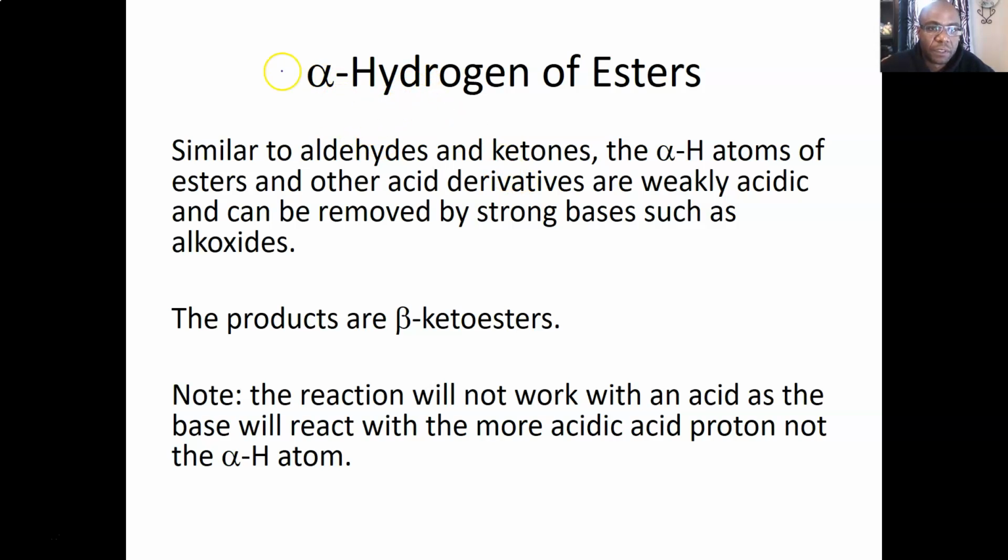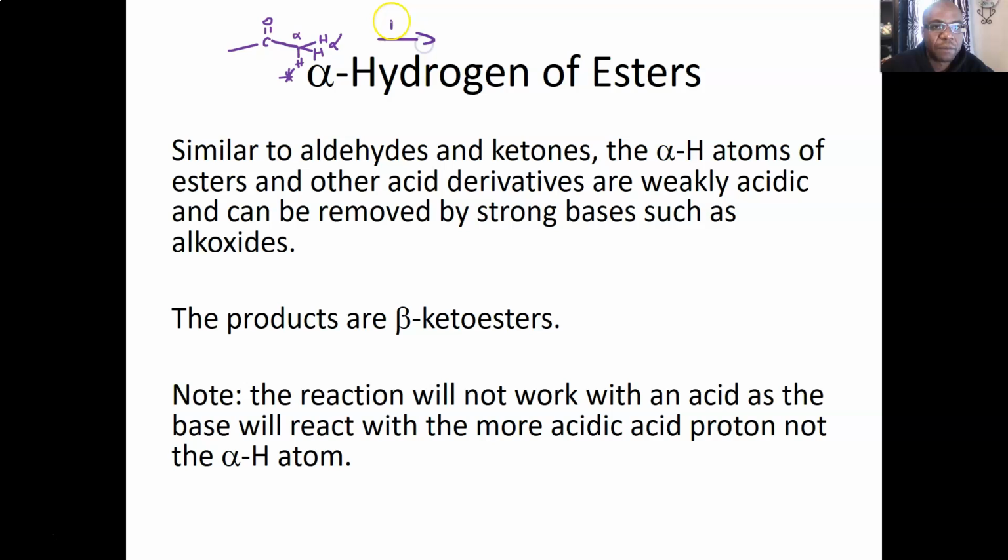Okay, so switching gears, alpha hydrogens of esters. Now, to remind you what alpha hydrogens are, in ketones we said any carbon bound to the carbonyl carbon is called the alpha carbon, and that alpha carbon can have hydrogens. Those hydrogens are called alpha hydrogens.